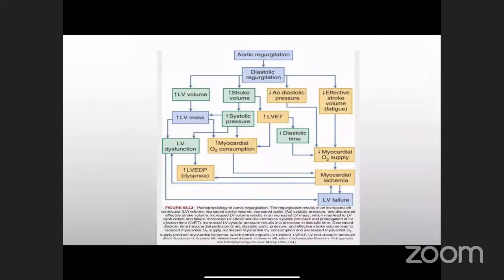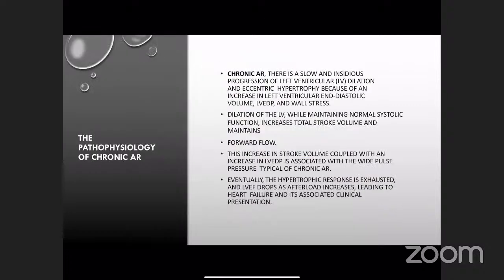And when the effective stroke volume decreases, it leads to decreased myocardial supply and myocardial ischemia, which eventually leads to increased left ventricular end-diastolic pressure and dyspnea, and eventually left ventricular dysfunction and left heart failure. The pathophysiology of chronic AR.